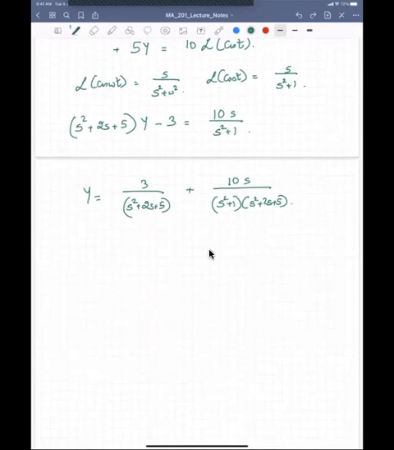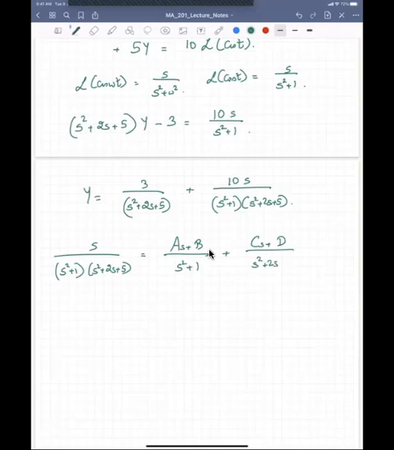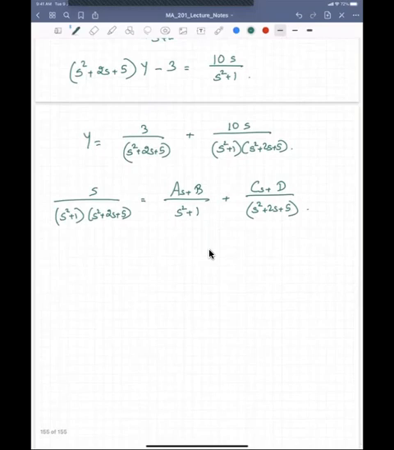So you have to write s over (s squared plus 1)(s squared plus 2s plus 5) as (as plus b) over s squared plus 1 and (cs plus d) over s squared plus 2s plus 5. You have to figure out what a, b, c, d are, write it in easy fractions, and then figure out the inverse Laplace transform. So I will leave the rest of this as homework.